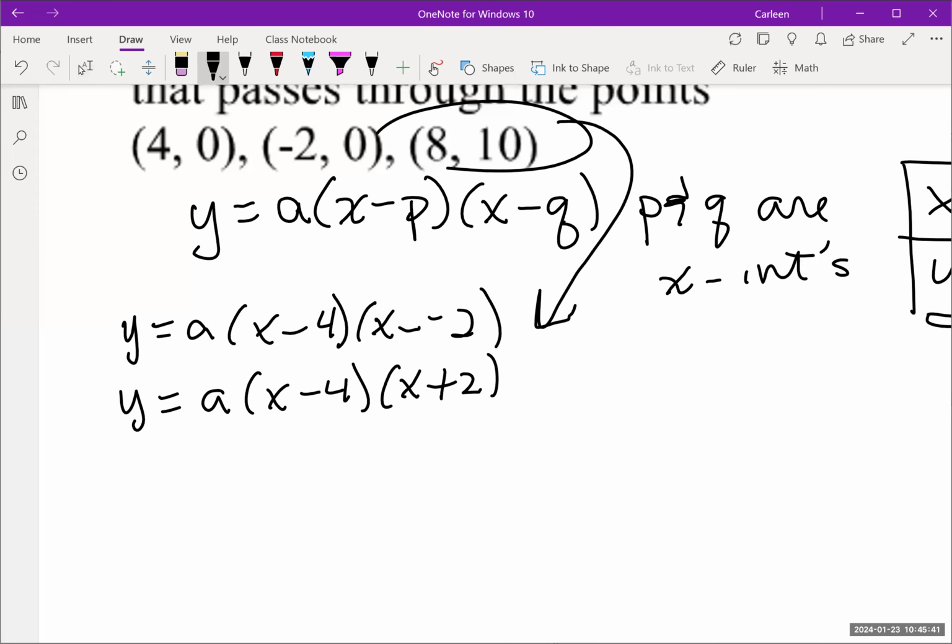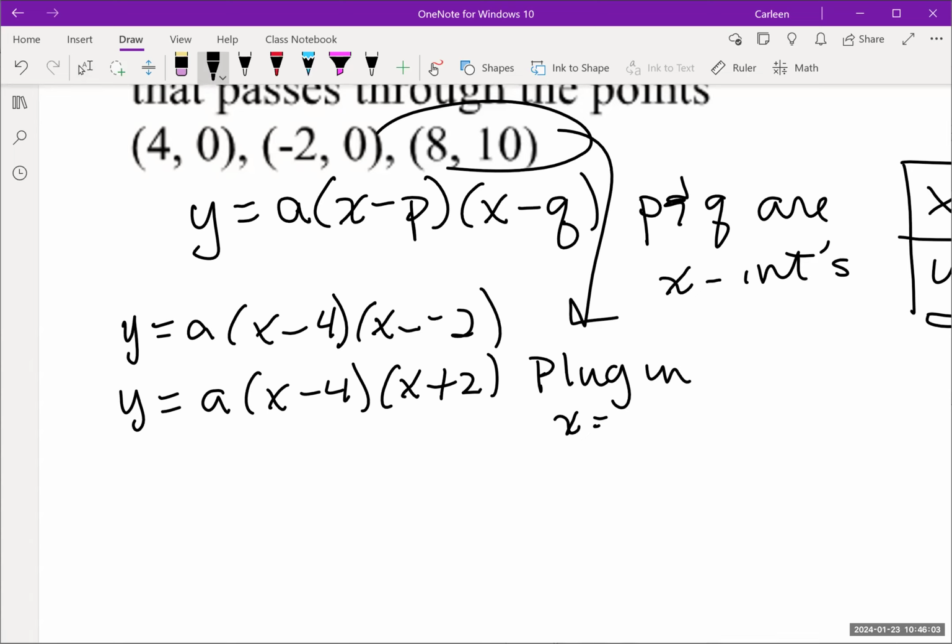How can I use (8, 10) to complete this problem? I think we'll keep moving the y. All right. I'm going to plug in x is equal to what? Yeah, what do you think, Zoomers?